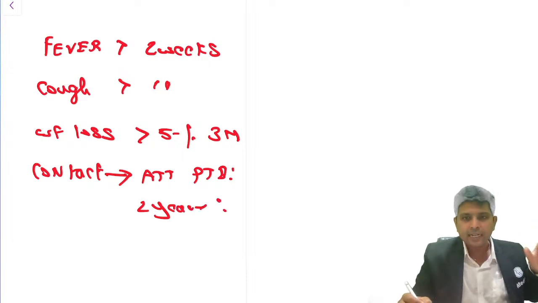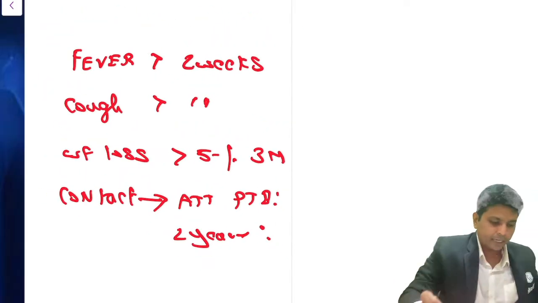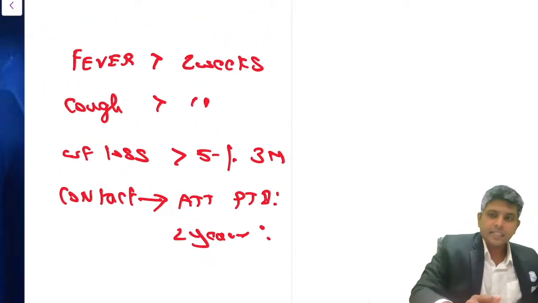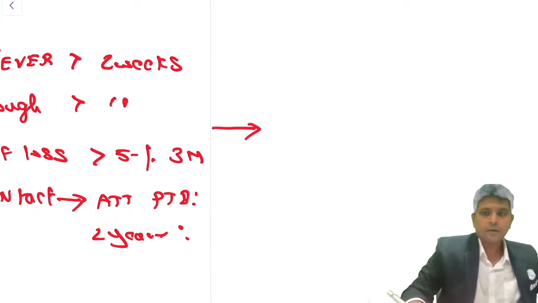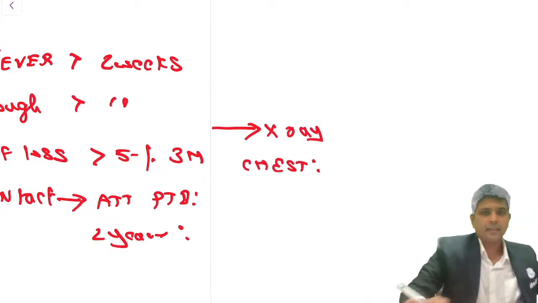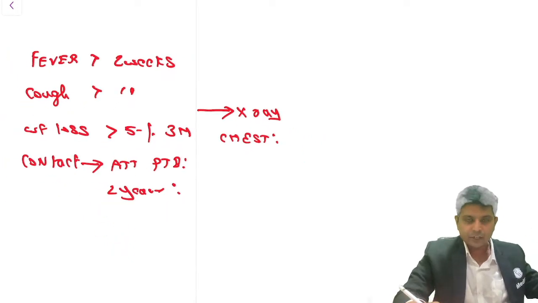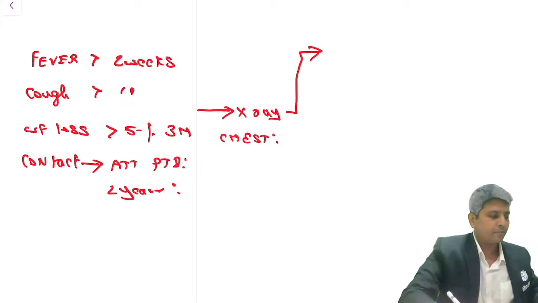So this is the index case for TB. Now with this, you need to go for X-ray chest. In X-ray chest, I will find out 3 patterns, my dear friends.